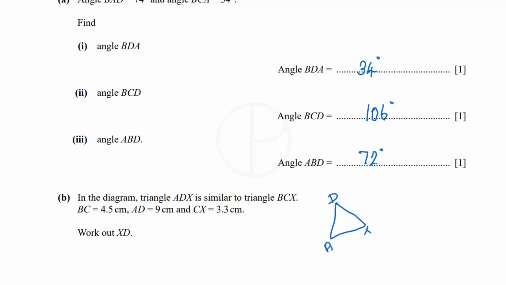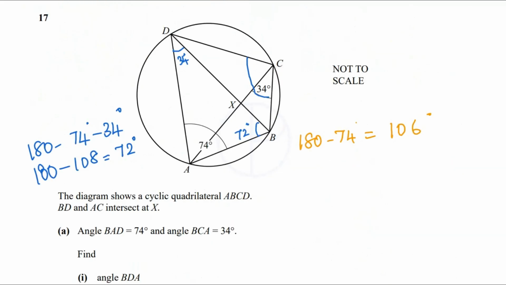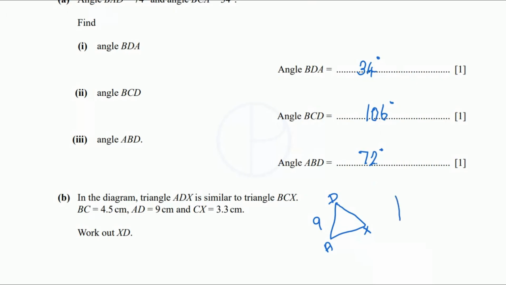In ADX, AD is 9 centimeter, and in BCX, this is 34. BC is 4.5 and CX is 3.3. Work out XD. So this we have to find out.